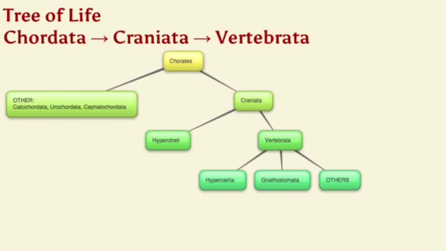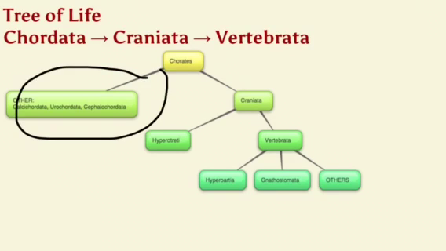Here you can see a concept map showing the relationship between vertebrates and the other groups within chordates. So here is that other group. There's also a fourth group, which is sometimes included that I didn't mention.